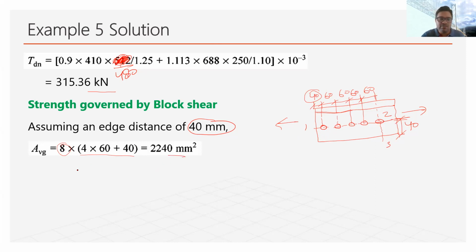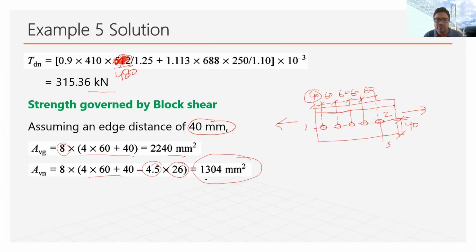Similarly, AVN is when we consider the holes. So in that way, we are required to deduct those holes. As you can see, the line 2, 3 and 1, 2 meets at the center of the last bolt. So that is why we consider only the half bolt, and that is why number of bolt holes becomes 4.5 multiplied by the dia of hole. So deducting that, we get the AVN as 1304.